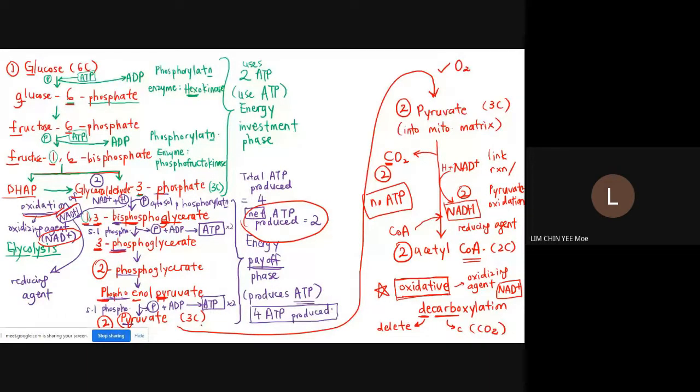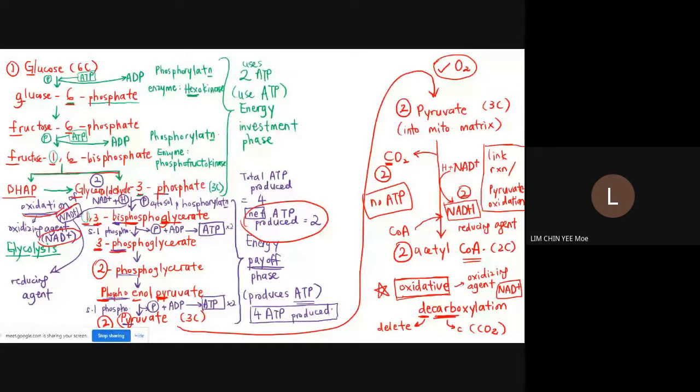After glycolysis, it depends on whether oxygen is present or not. If oxygen is present, it continues to the link reaction, or we call it pyruvate oxidation. Okay? During this link reaction, there is a reaction we call oxidative decarboxylation. Oxidative decarboxylation involves oxidation, so there is an oxidizing agent NAD+, and decarboxylation, which removes a carbon.